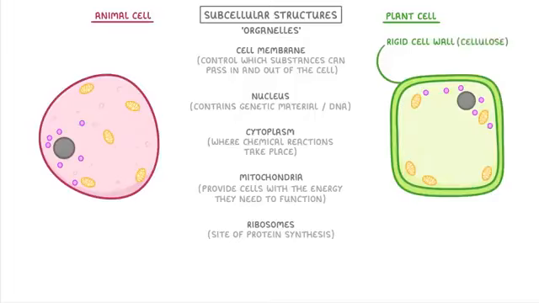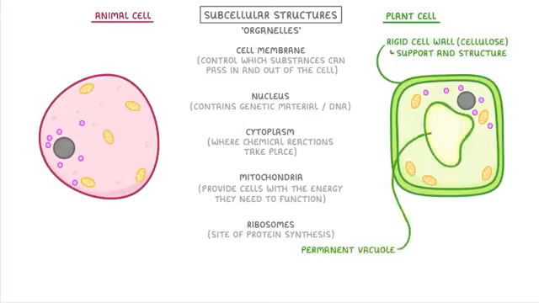And because cellulose is really strong, the cell wall can provide support and structure to the cell, which is really important because if too much water entered the cell, then it would otherwise burst. Next, a lot of the cell is often taken up with this thing, called a permanent vacuole. You can think of this as a big sac that contains cell sap, which is basically a mixture of sugars, salts, and water that this cell can use when it needs to.